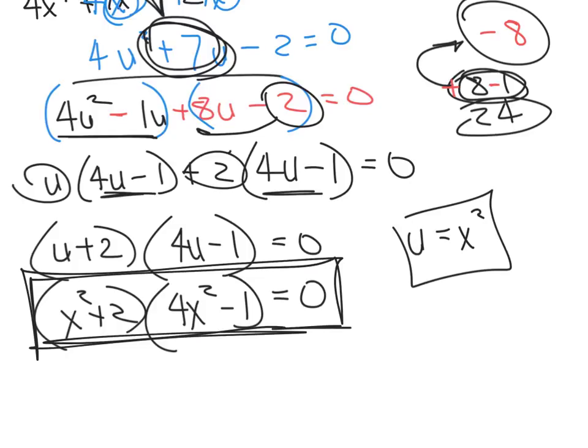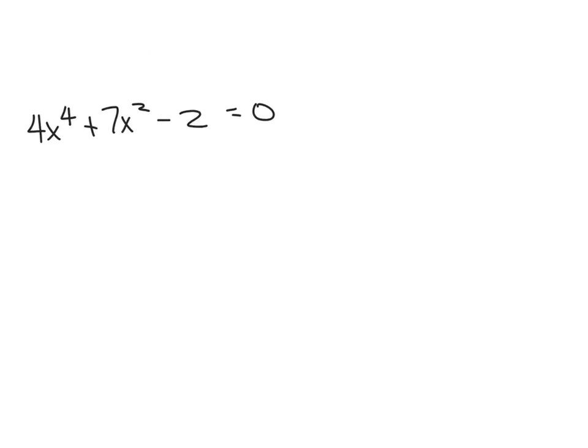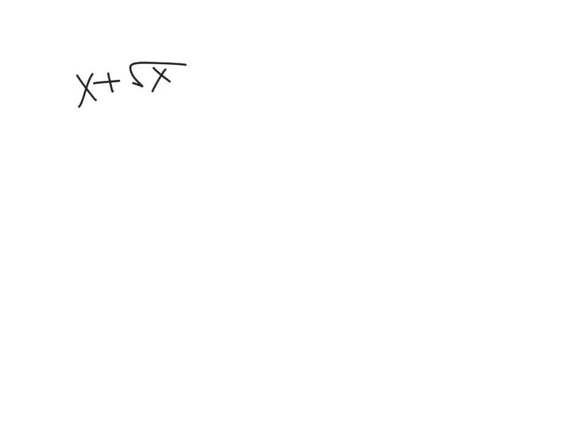Alright, so let's look at one more and see if that helps. Get rid of that. Alright, so let's look at x plus square root of x minus 6. Okay, this middle term again is the key. That x variable is what you're setting u to.